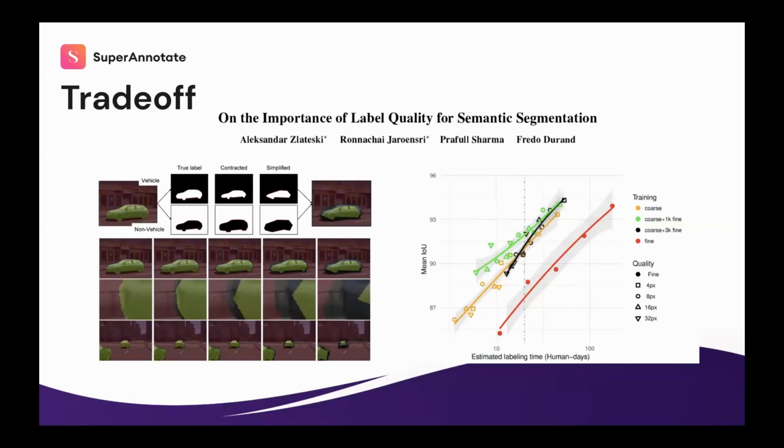Here you can see the fine annotations with amazing edges, and then the edges deteriorating with different parameters: true labels and simplified labels.